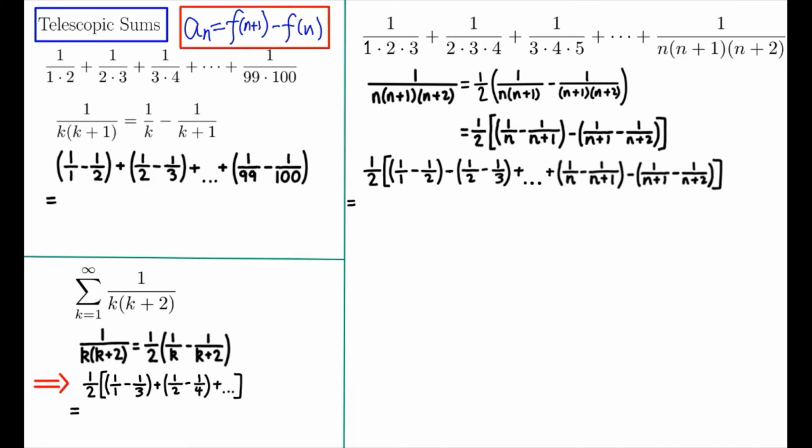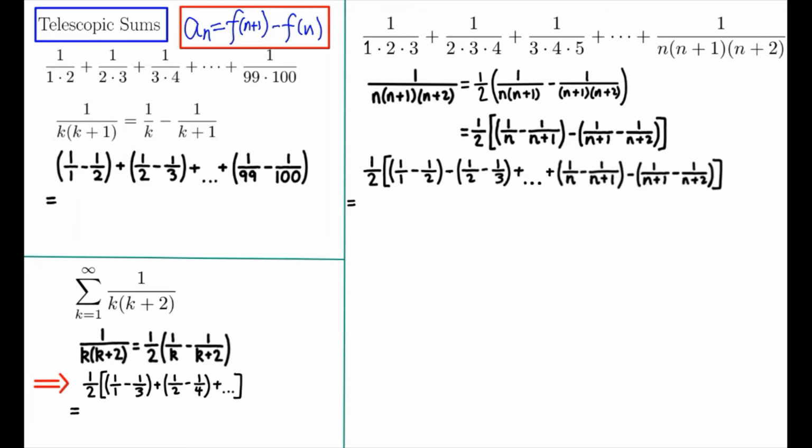So let's start with the most basic example there is: 1 divided by 1 times 2, plus 1 divided by 2 times 3, plus 1 divided by 3 times 4, all the way to 1 divided by 99 times 100. Obviously this is not an arithmetic or geometric sequence, but we can notice that 1 divided by k times (k plus 1) is equal to 1 divided by k minus 1 divided by (k plus 1).